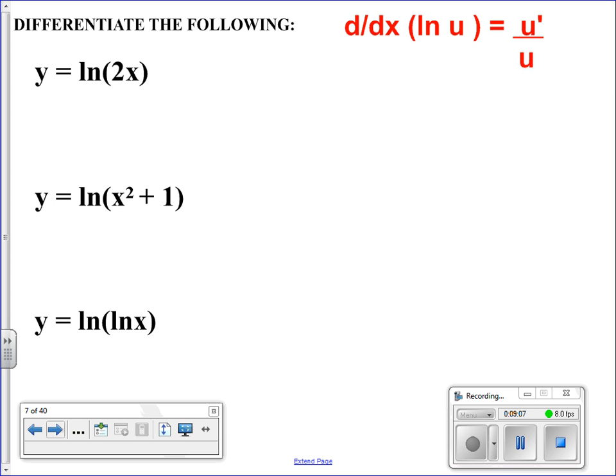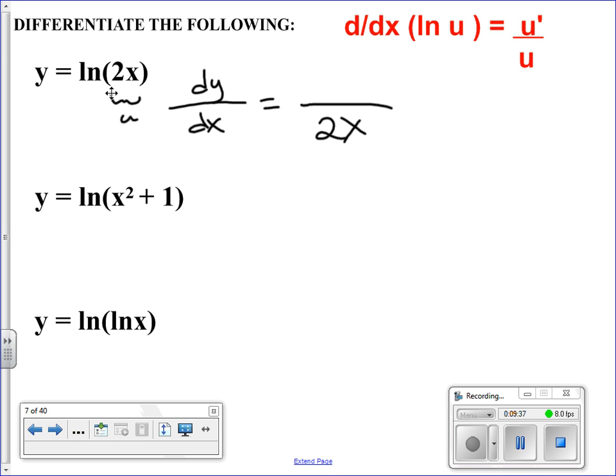All right, so we're not taking the derivative of ln of x. We're taking the derivative of ln of 2x. So what's our u going to be? Okay, so this is our u. That's our inside function. So when we take the derivative, remember it's u prime over u. I like to do the u part first. What goes in the denominator? 2x, right? Once you got that, just look at it and say, what's your derivative?